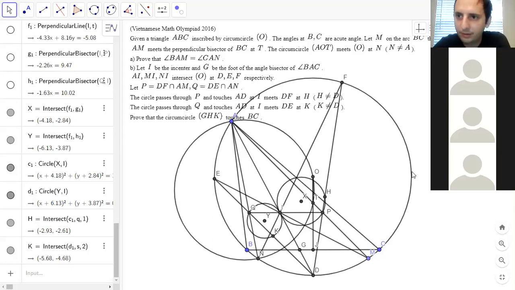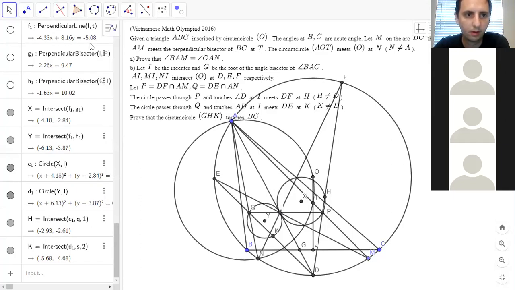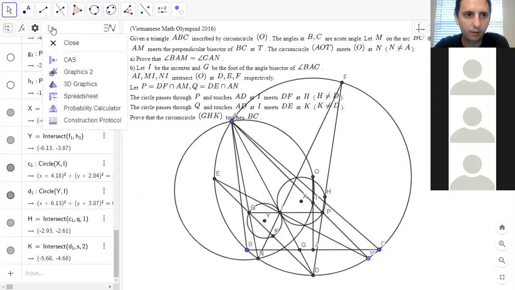Yeah, a lot of points here. So X, I, and Y are collinear and perpendicular to AD. We know that. I can close this for now.